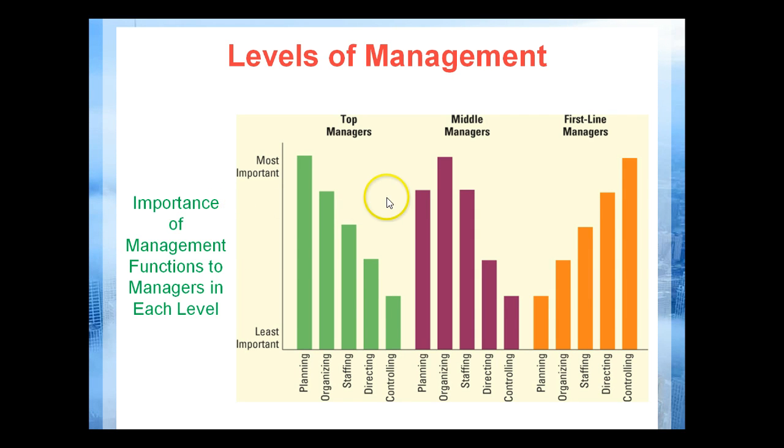But as you talk to top managers, they are less controlling and more in the planning part. There's a direct contrast between the frontline managers, which is basically on the bottom of the totem pole, and the top leaders, which is on the top of the pole, and how their roles are going to be absolutely contrasting to one another. They're not going to be involved in day-to-day. They're going to be more in planning, organizing.